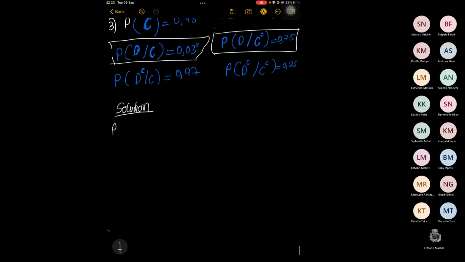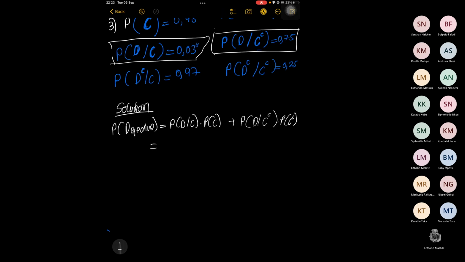So the probability that it is defective is definitely going to be the probability of D given C times the probability of C, plus the probability of D given C prime times the probability of C prime.